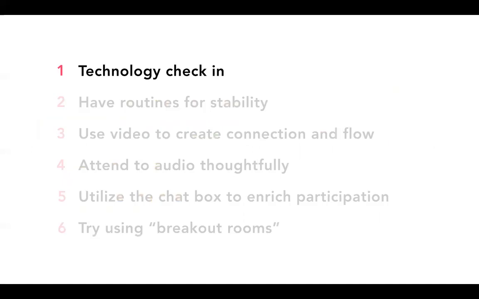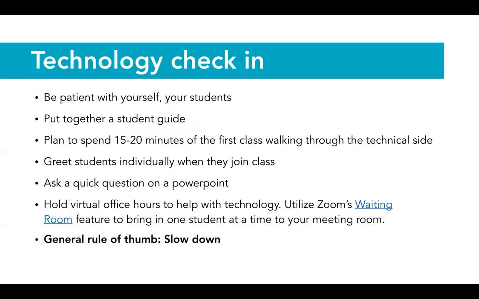Number 1, check in with yourself and your students about the use of technology. Be patient with yourself, your students, and the technology, especially in the first classes, because you will all be learning together. Everyone gathered will not be experiencing the same emotions, and so it's important not to make assumptions, other than assuming the best.